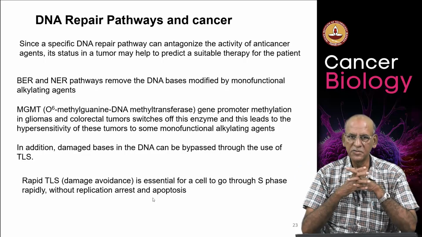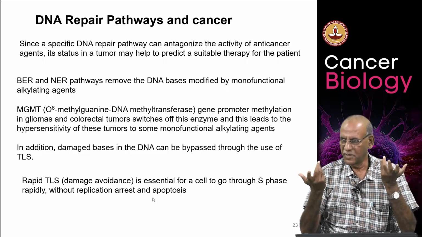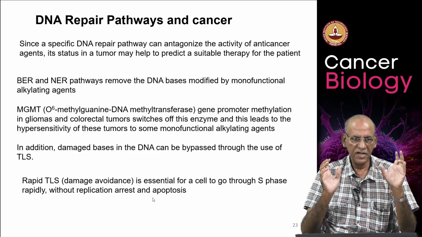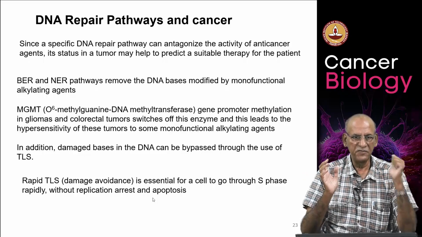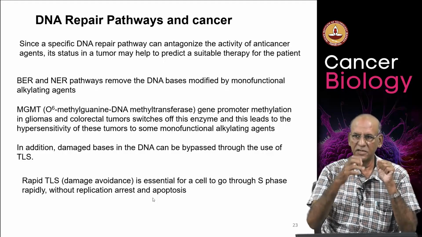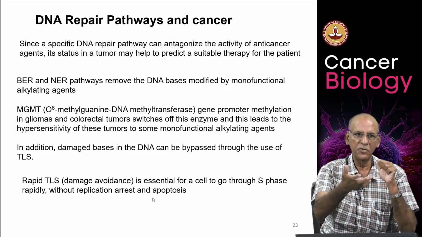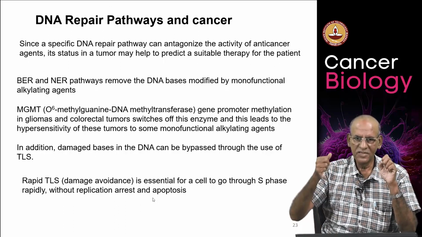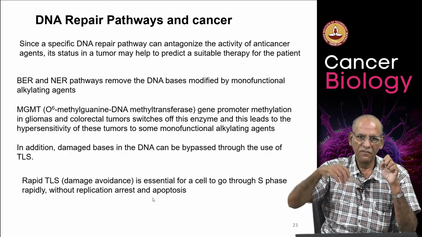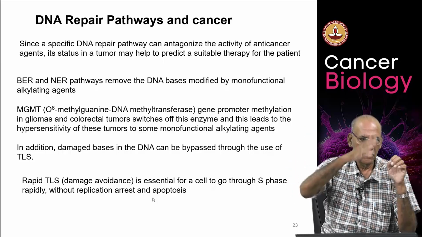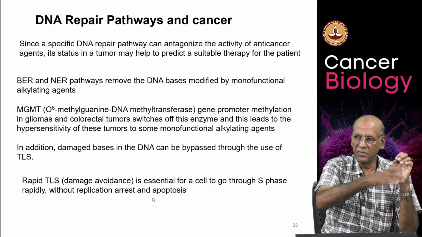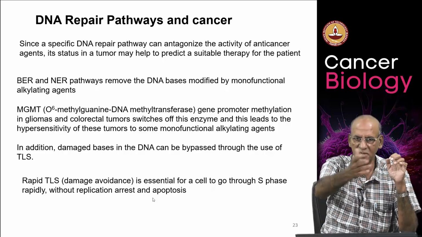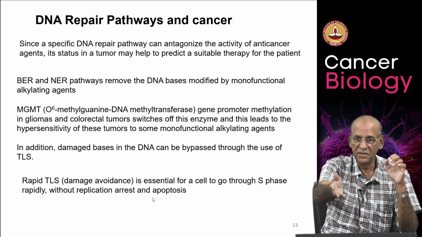If the DNA repair mechanism is very efficient, then the anti-cancer agent may not work. That is what you call resistance. But if you want to sensitize the cells to anti-cancer agent, you make the DNA repair mechanisms defective. That is what is happening in BRCA1 mutation.